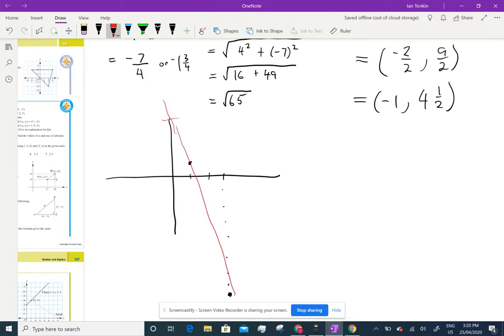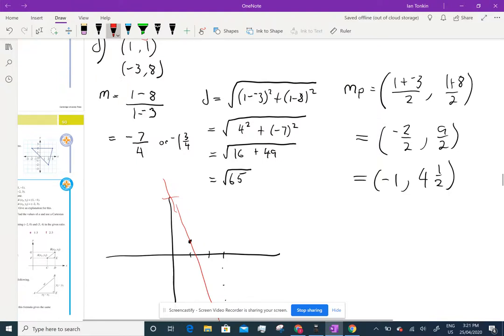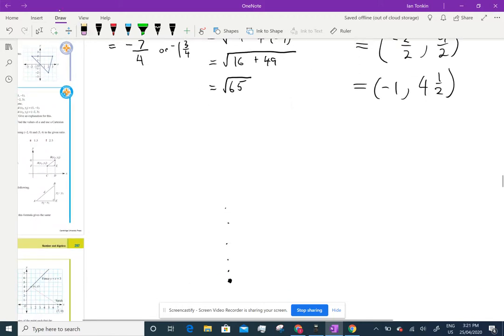Yes, it's a negative gradient. Have I done that right? 1, 1. Oh, I've drawn that the wrong way. Thank goodness. Righto. I went down instead of going up. So we'll draw that again.